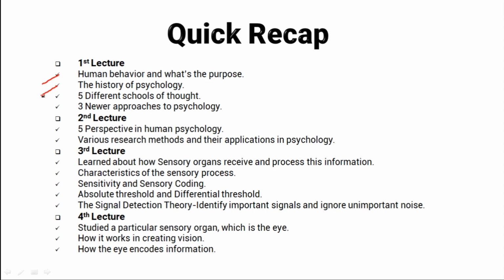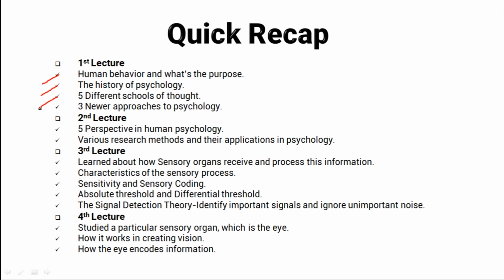After discussing the history of psychology, we moved on to explore different ideas and questions in psychology, like nature versus nurture and other debates. After that, we learned about 5 different schools of psychology, which are basically different ways that psychologists approach studying the human mind and behavior.